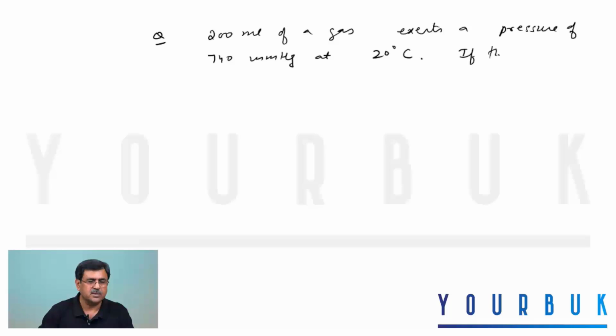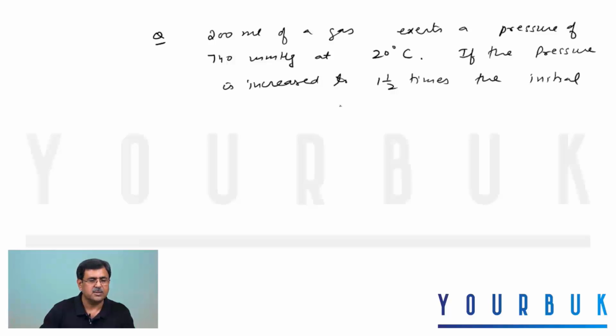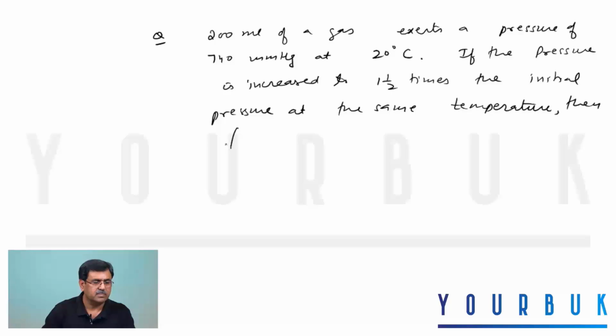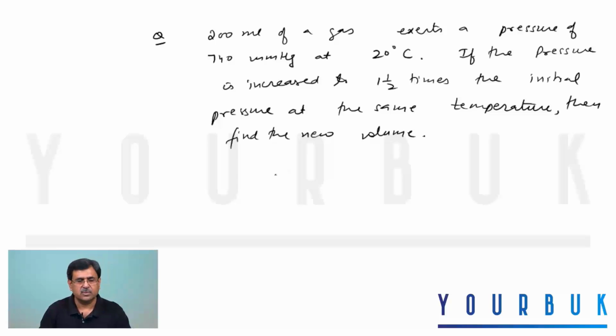Now if the pressure is increased to 1.5 times the initial pressure at the same temperature, then find the new volume. Now this is again a numerical based on Boyle's law.